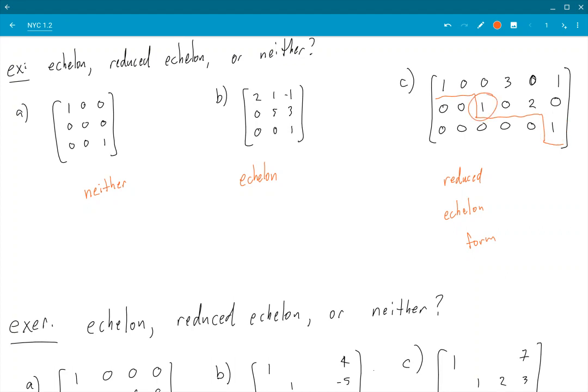And this leading entry is to the right of this one. Below this guy and this guy, I have only zeros. Oh, I have made a mistake. So it's certainly an echelon form.